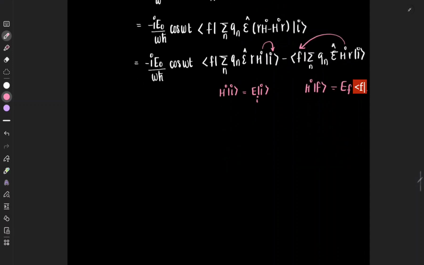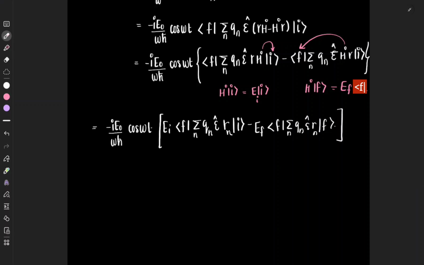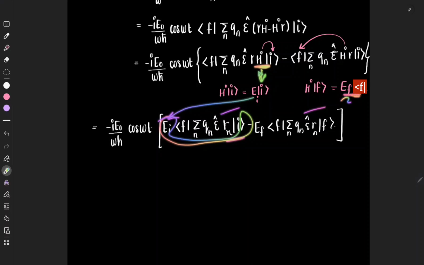Now you have to substitute it. So h naught of i, instead of that I write like this. So this becomes like this. There's no h naught term, only this term changes. The rest of the terms are the same. Here e f ket i comes. So okay, this is ket i. Okay, that's a mistake. So these two terms come inside.